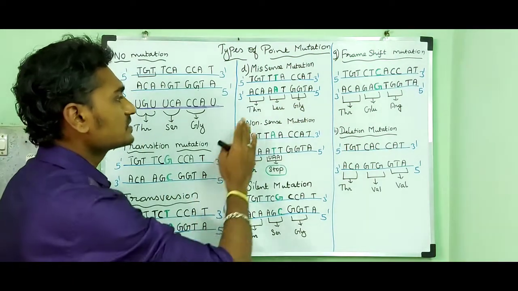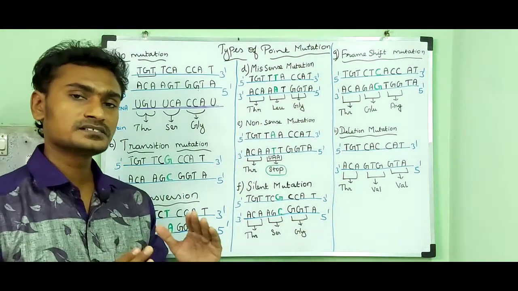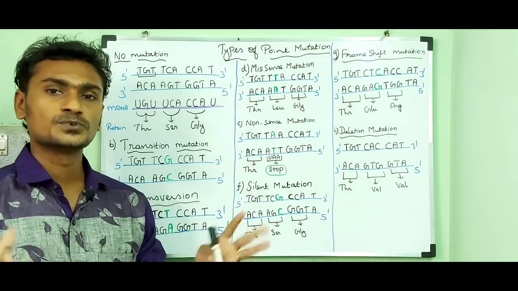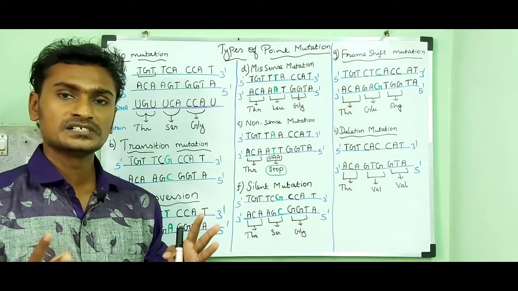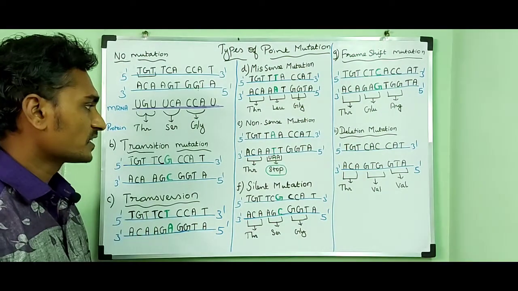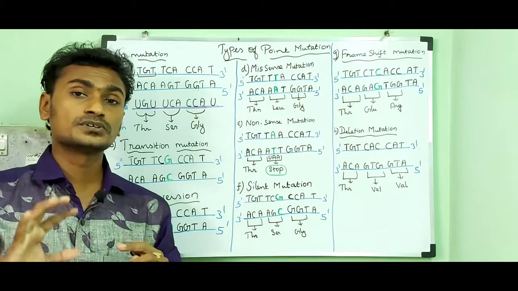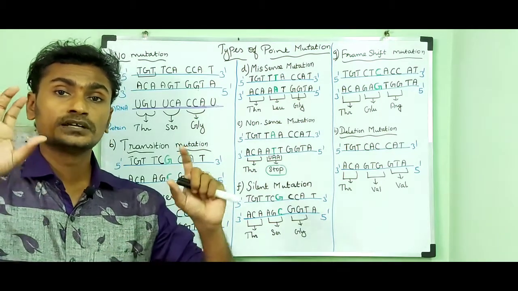Then nonsense mutation. Nonsense mutation means there is no sense in that mutation. Because I already told you there are 64 triplet codons which are able to produce 20 amino acids.